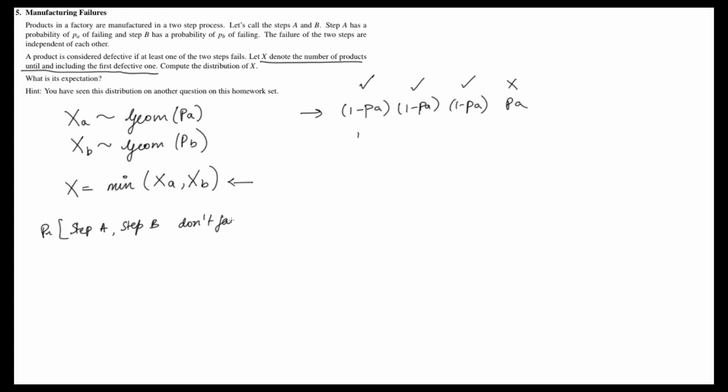So first, what's the probability that step A doesn't fail? 1 minus PA. What's the probability that step B doesn't fail? 1 minus PB, right? Because since step A and step B are independent, the probability that step A and step B don't fail is the product of the probability that step A doesn't fail and step B doesn't fail, right?